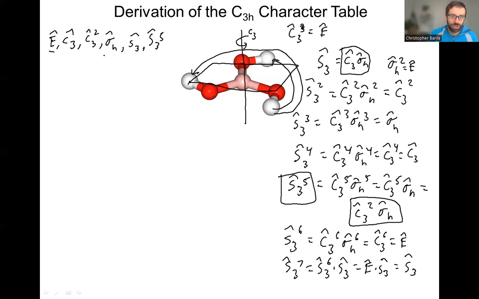Identity is always in its own class. This is the only mirror plane, so that's going to be in its own class. I think it's clear that improper rotations are different than regular rotations, so those should be in separate classes. The only weird thing is these ones. You might group these together and group these together. But because there's no perpendicular C2, sigma v's, or sigma d's to interconvert these axis systems that would make these arbitrary, you have to put them in separate classes in this case.